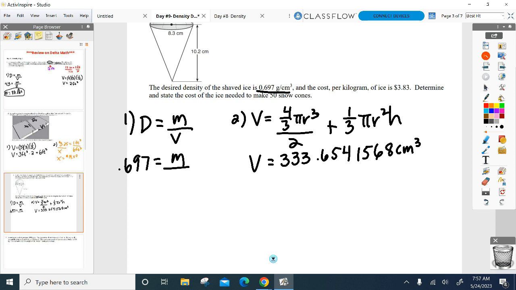All right. Let's plug that back into the density formula and let's find the mass of a cone. I got 232 because we're not done yet, so I'm going to write out all the numbers.